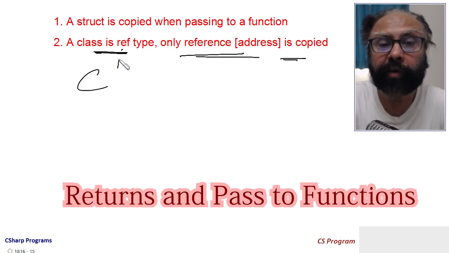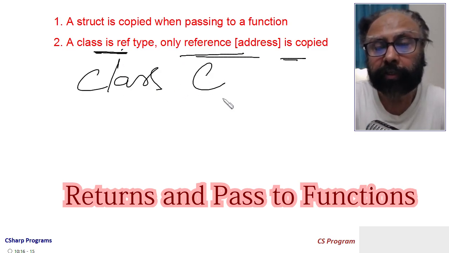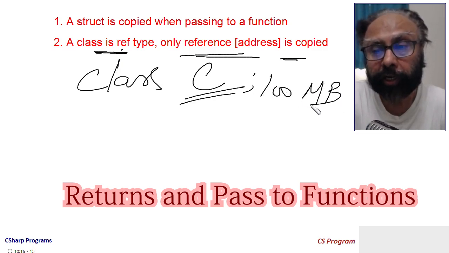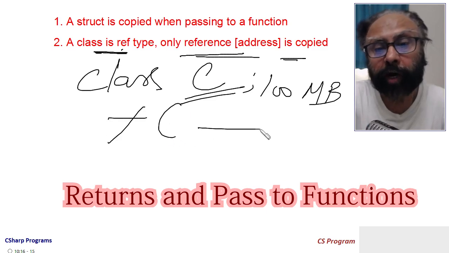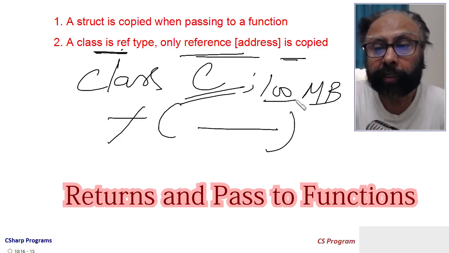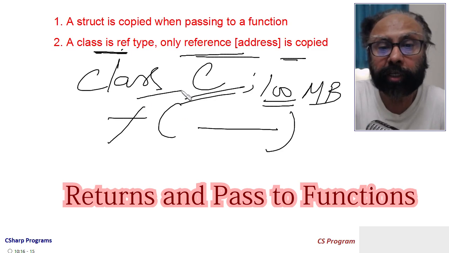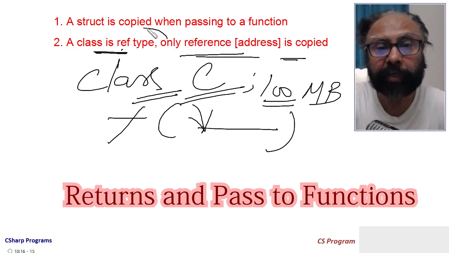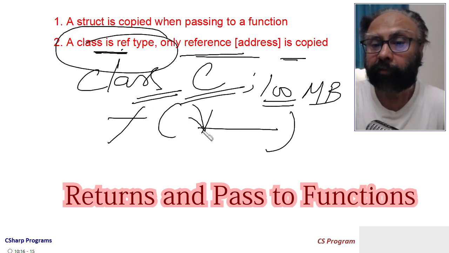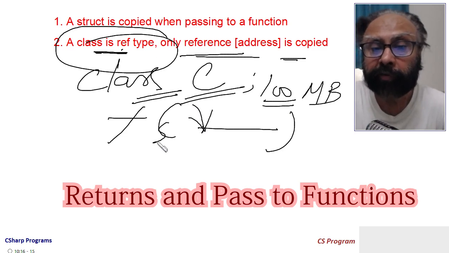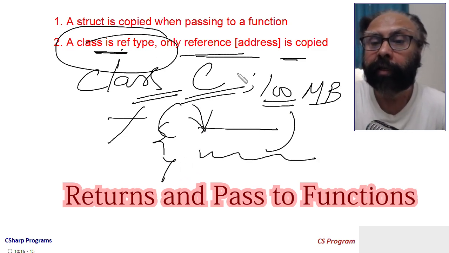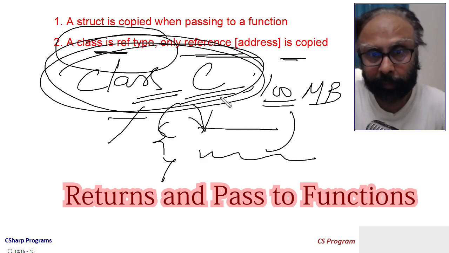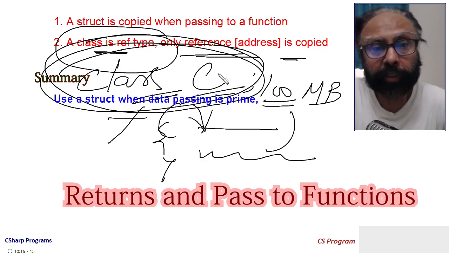So if we have a class, let us say C, that is 100 MB large in data, and we pass it to a function, then this 100 MB is not copied, only the address of this class will be copied. So classes are reference types, they are cheaper when passed to a function, but if we do any modification here, then the modification is actually taking place back home. So this is one thing that we should be aware of.